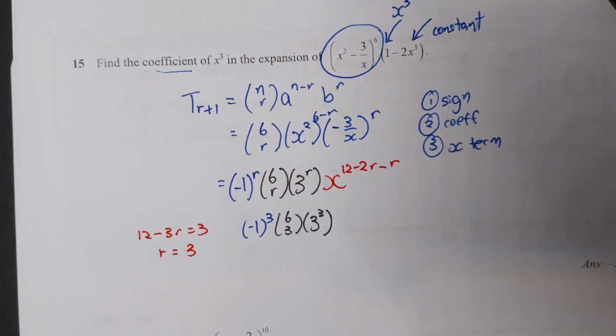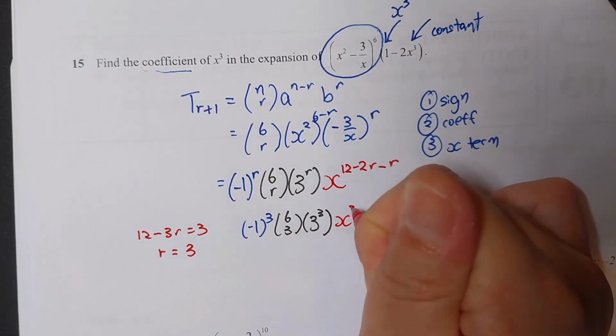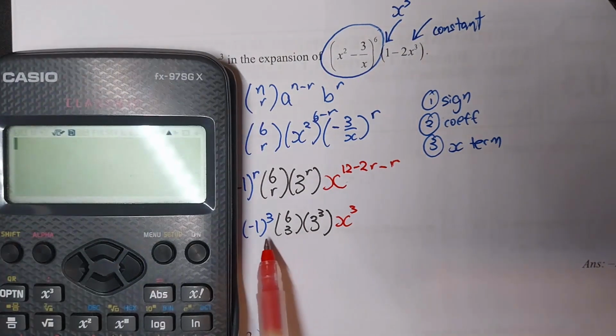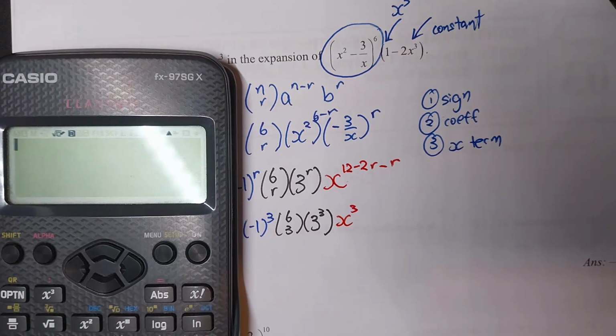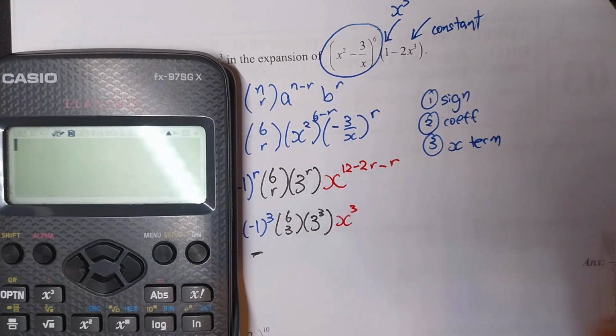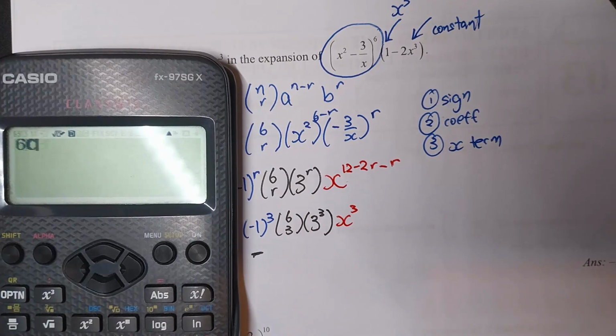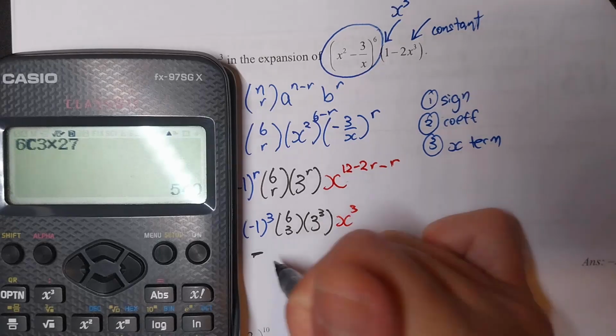We already let it be x cubed. So simply press calculator. This will be a minus sign, so let's just put it as minus. Okay, so I have 6 choose 3 multiplied by 27. That will give us 540.